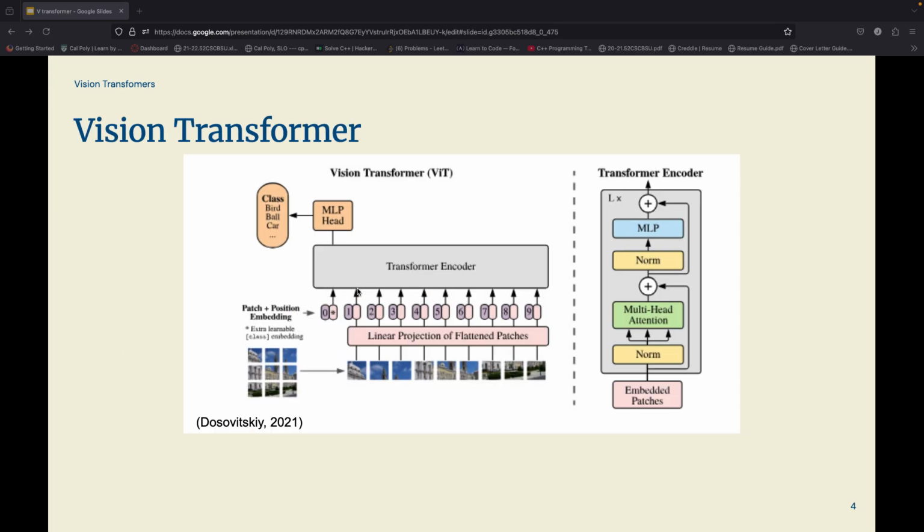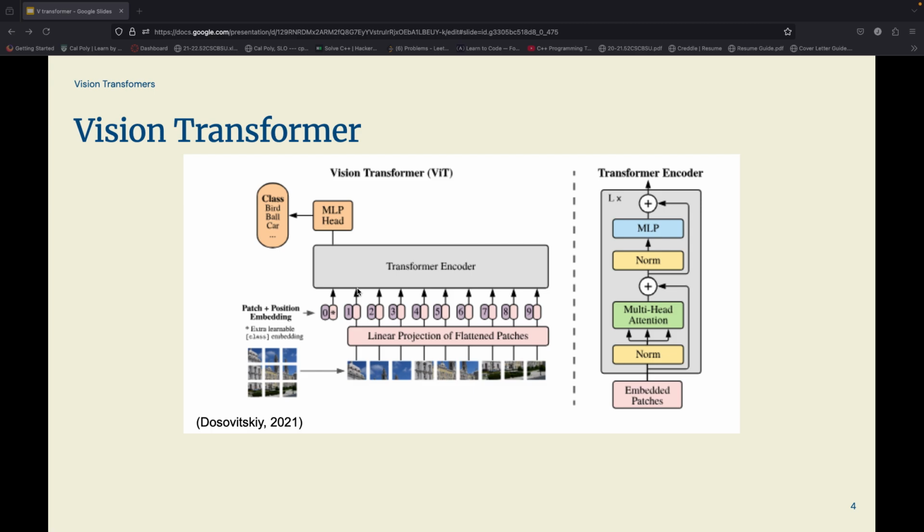Around 4 years after publishing Attention is All You Need, another team at Google Brain came up with the vision transformer in a paper called An Image is Worth 16 by 16 Words: Transformers for Image Recognition at Scale.